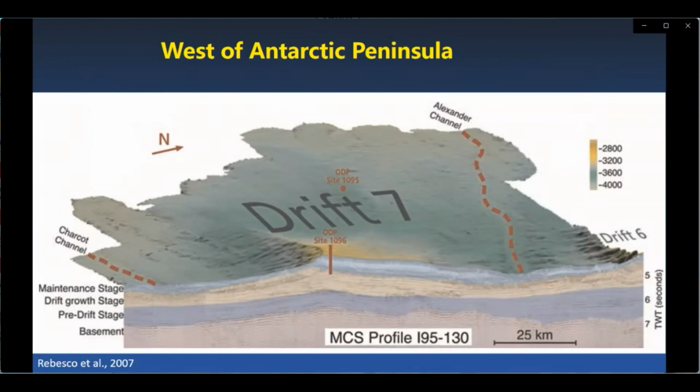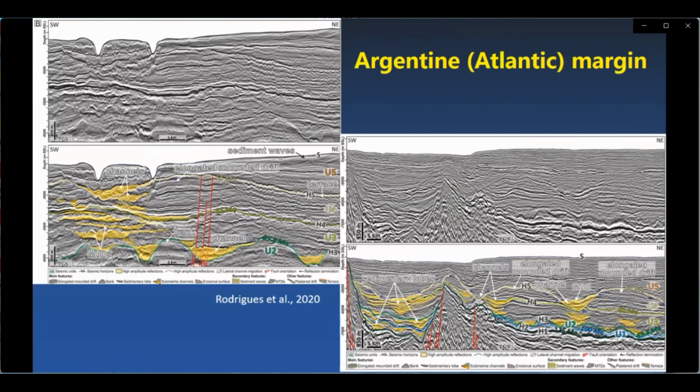Here is an example of a mixed system from the west of the Antarctic Peninsula. We can see a channel and a drift on the overbank. So here is a mixed system. Another one is the Argentine margin. Here is also a channel and a drift.